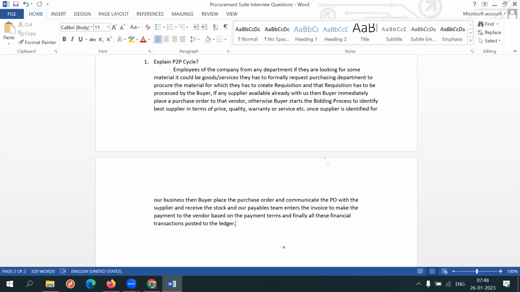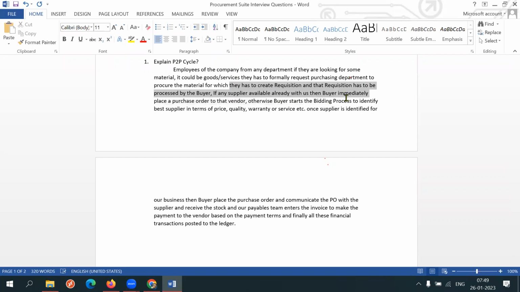Is it good? Any mistakes? An employee of the company from any department, if they are looking for some material, it could be goods or services, has to formally request the purchasing department to procure the material, for which they have to create a requisition, and that requisition has to be processed by the buyer. If any supplier is available already with us, then the buyer immediately places a purchase order to that vendor.